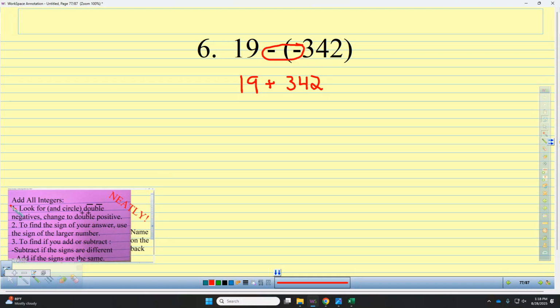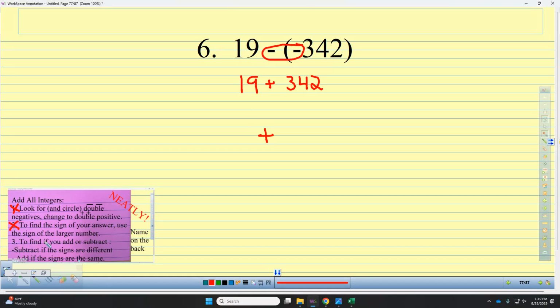So that takes care of step 1. Step 2, we're going to take the sign of the larger number. The larger number here is 342 and it's a positive. So that tells us our answer is going to be a positive. You don't necessarily need to put the positive sign. You can leave that off.